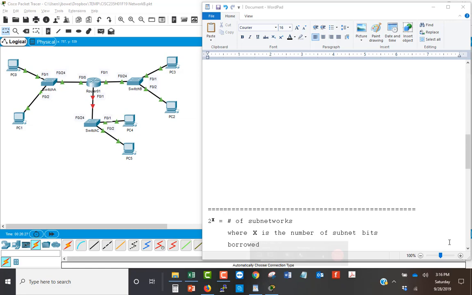But as you can see, we have 3 connections to our router. And as I've said before, every connection to a router is going to be its own network or subnetwork. The only time this is not the case is when you make a connection with a console cable.